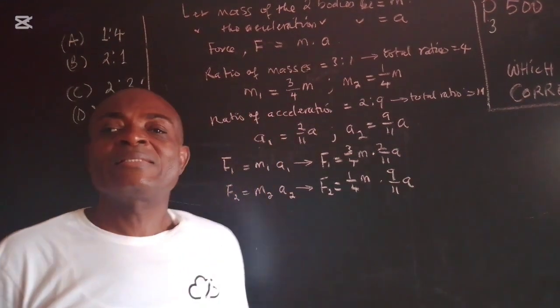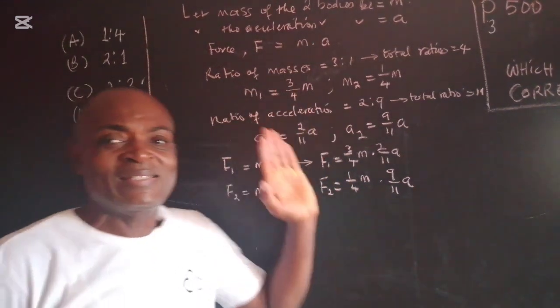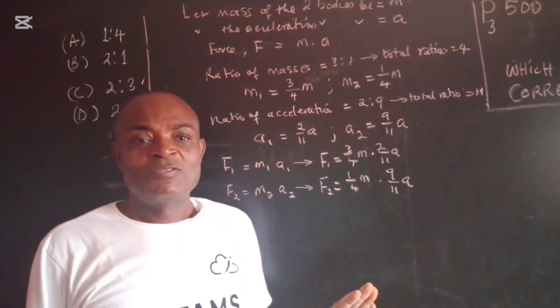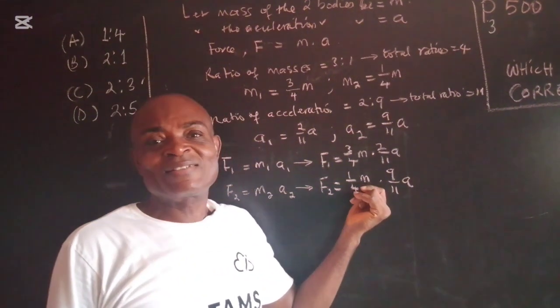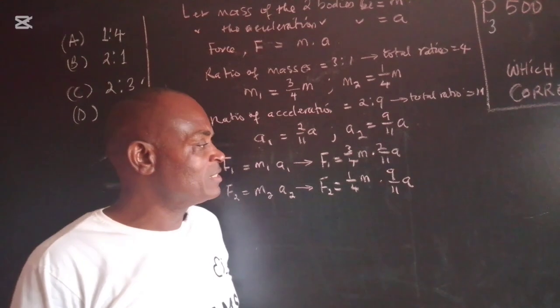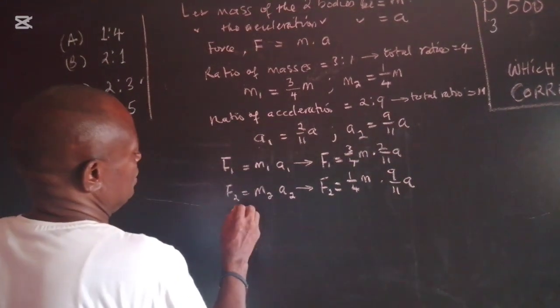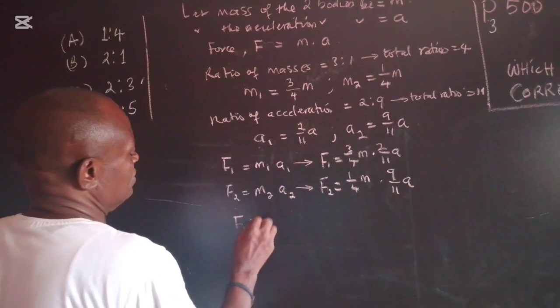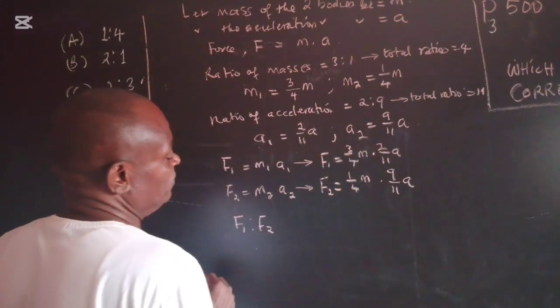Now, this analysis is supposed to help you understand how to deal with each section per time, right? And if you are following along, you know that it's very interesting to resolve a very technical question of this nature. So what they're asking for is the ratio of the first body to the second body. So you put these values and then simplify.